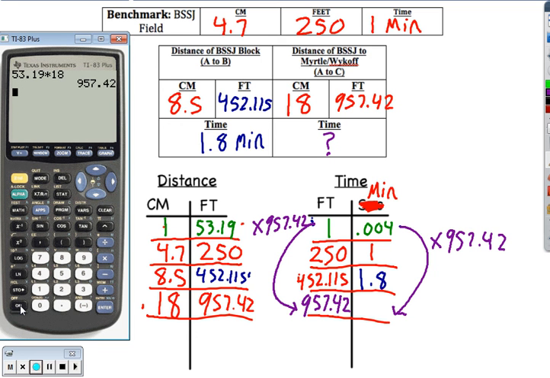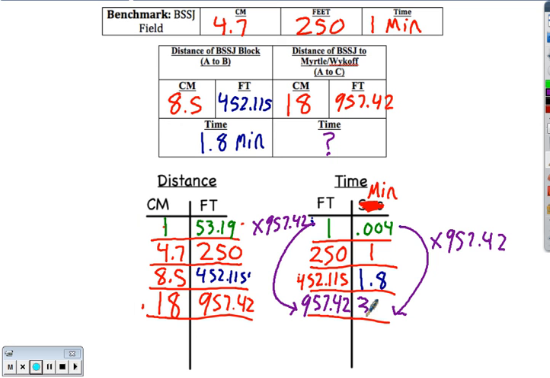What this will give us, if we do the calculation, is 0.004 times 957.42. It'll give us about 3.8 minutes. Okay, so we'll round that off to the tenths place and call it 3.8.